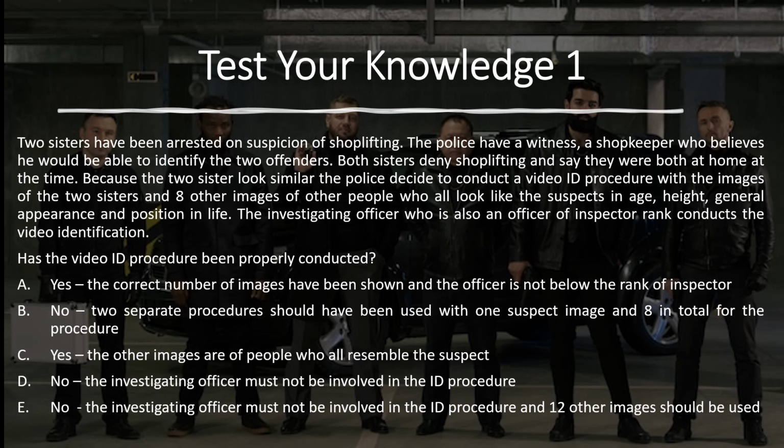C, yes, the other images are of people who all resemble the suspect. D, no, the investigating officer must not be involved in the ID procedure. And E, no, the investigating officer must not be involved in the ID procedure, and 12 other images should be used.